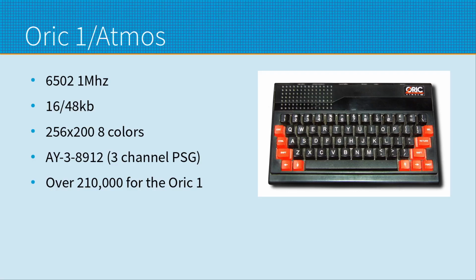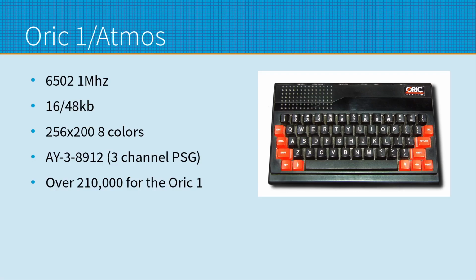On the ZX Spectrum, it was something like almost 7 kilobytes, and it looked much worse. So for an additional 1 kilobyte of VRAM, the Oric one looked much better.